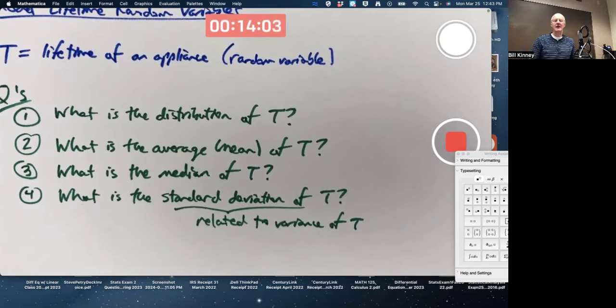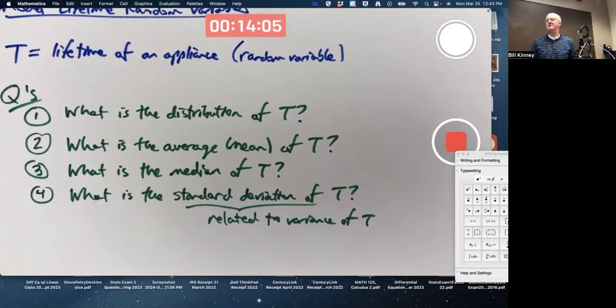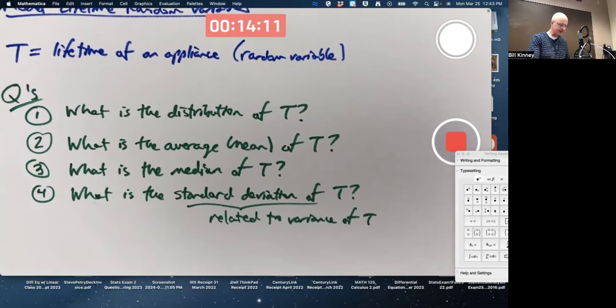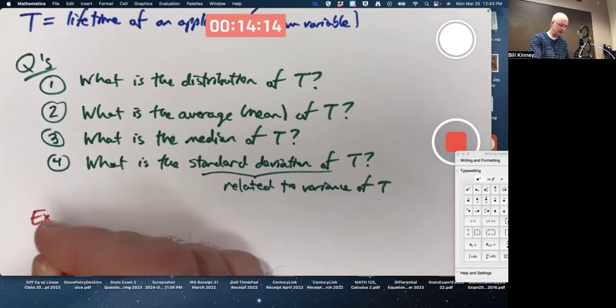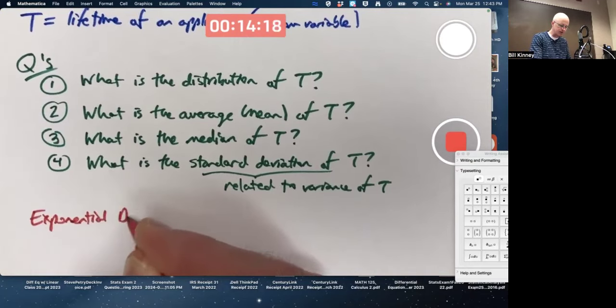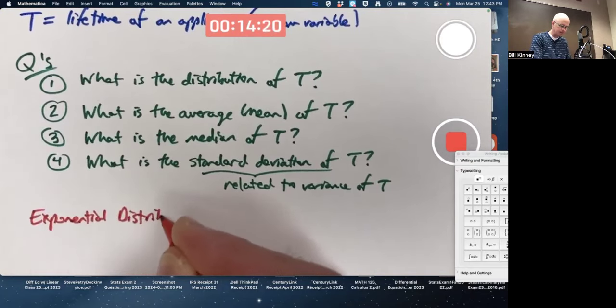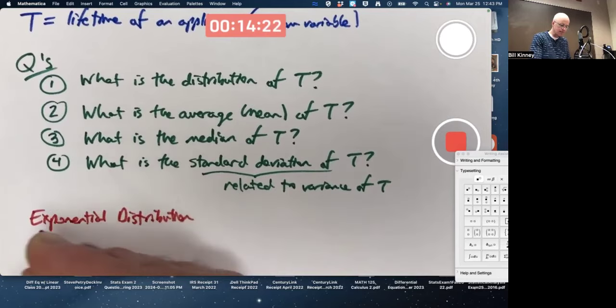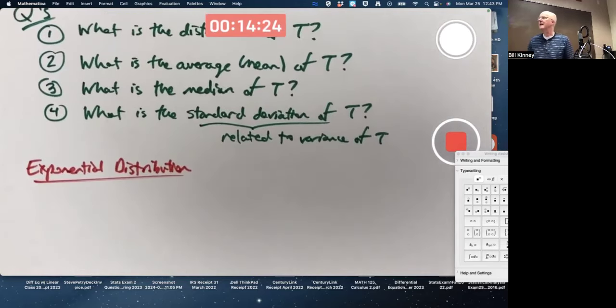So we're going to think about these questions, both in the abstract and for a particular example. The particular example we're going to consider is an exponential distribution, which we've thought about before. The PDF, probability density function, is an exponential decay function.